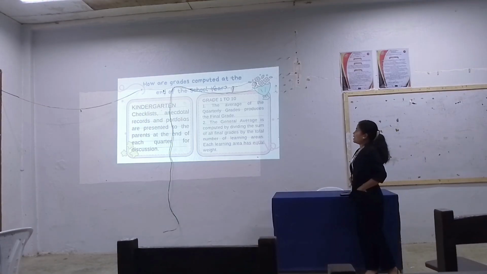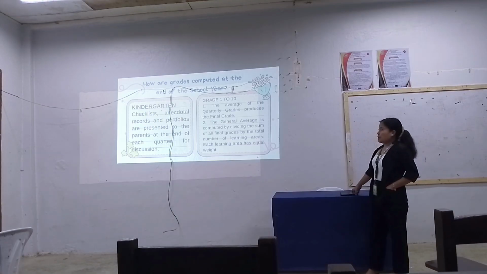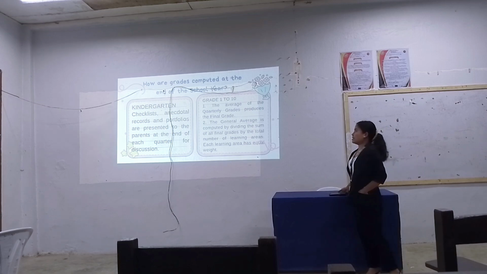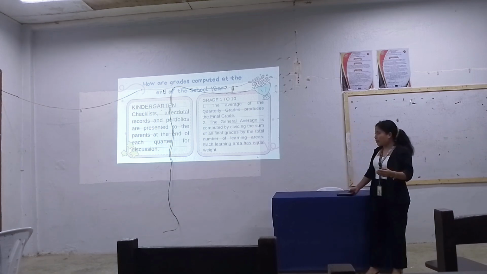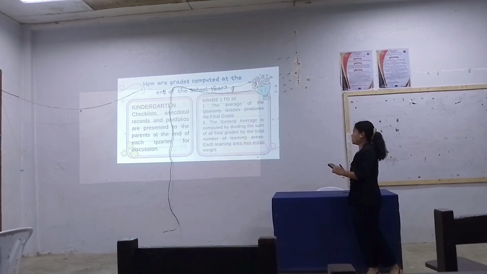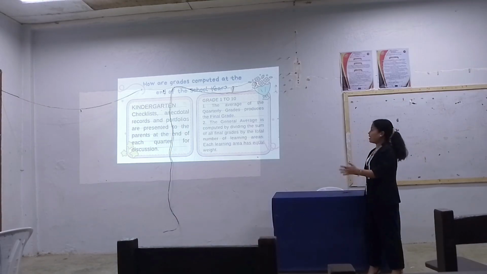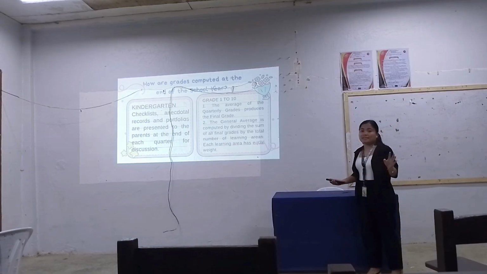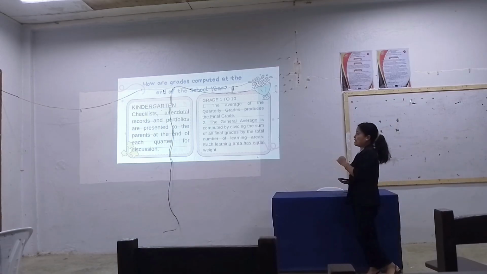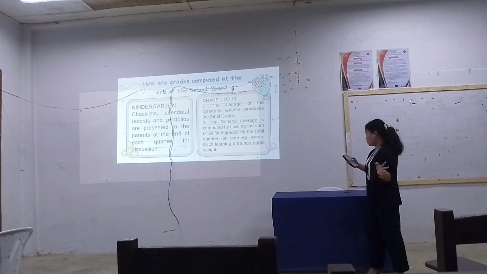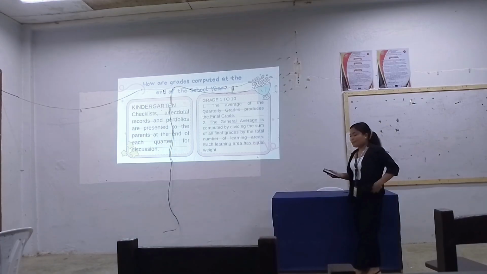So in kindergarten, checklists, individual records, and portfolios are presented to the parents at the end of each quarter for discussion. In kindergarten, grades are not assigned numerically. Instead, checklists, anecdotal records, and portfolios assess students' progress based on established learning standards.